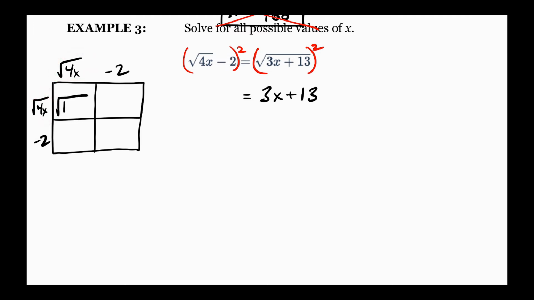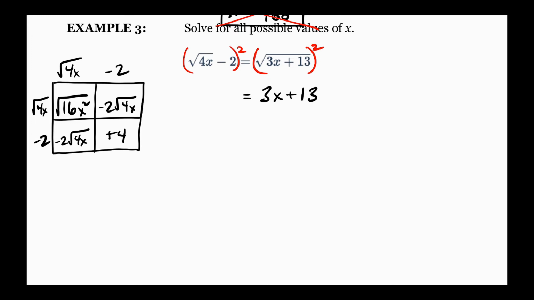So when I multiply them, I get 4 times 4 is 16, and x times x is x to the second power. The next one doesn't have a root, this negative 2 doesn't have a root. So negative 2 is going to go in the front, and then square root 4x. Same thing there, same thing there. And then plus 4. Plus 4 because negative 2 times negative 2 is plus 4.